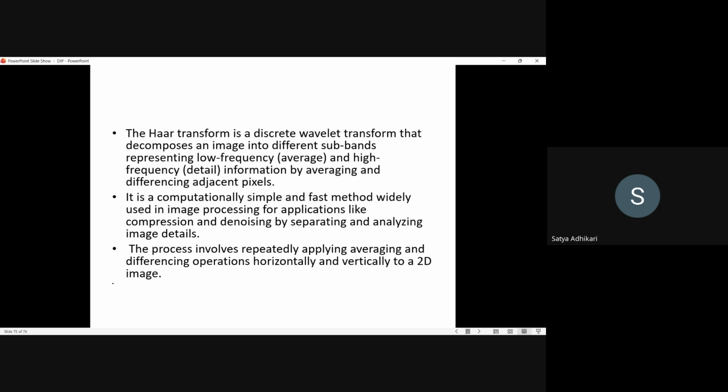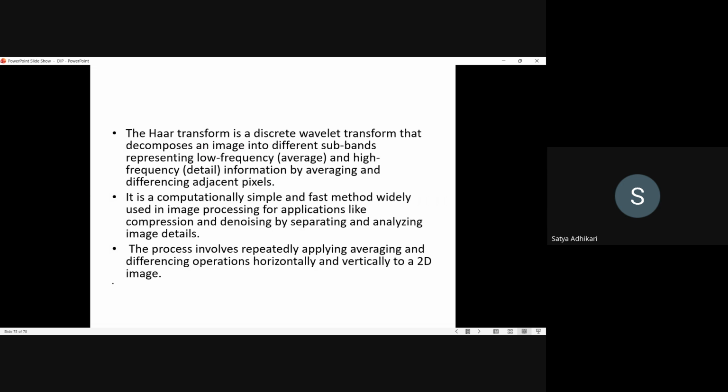It is a computationally simple and fast method widely used in image processing for applications like compression and denoising, and separation by analyzing the image details. So like your DCT, it is also used in image compression and denoising, and separation by analyzing image details. If you are interested in some part of the image, not the details, it is also used for that purpose.